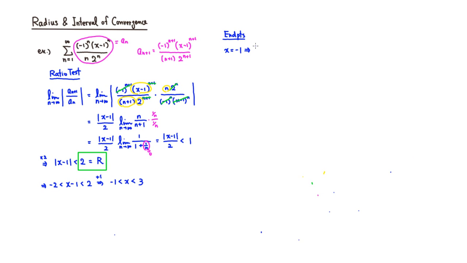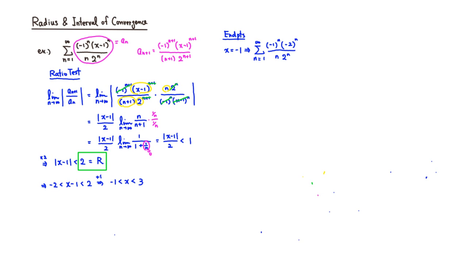So you have the summation, n goes from 1 to infinity, and you have negative 1 to the n. If you plug in negative 1, you have negative 2 to the n over n times 2 to the n.